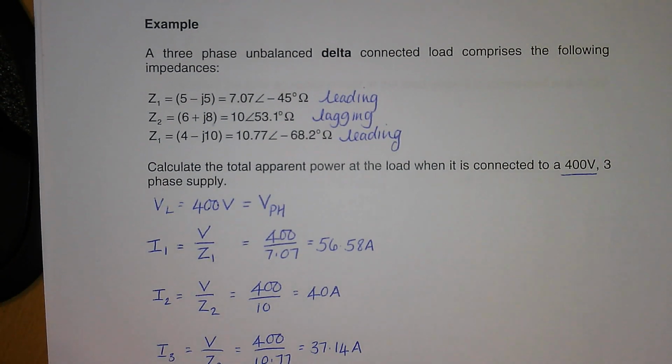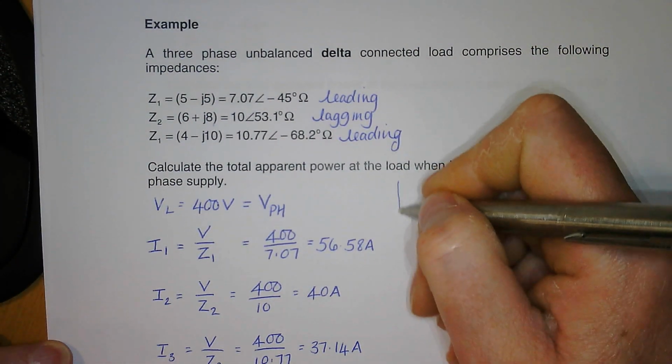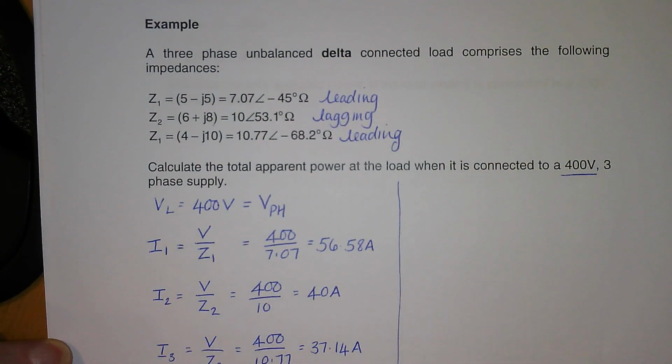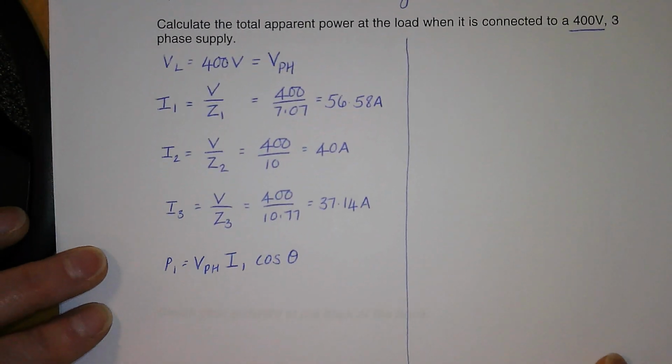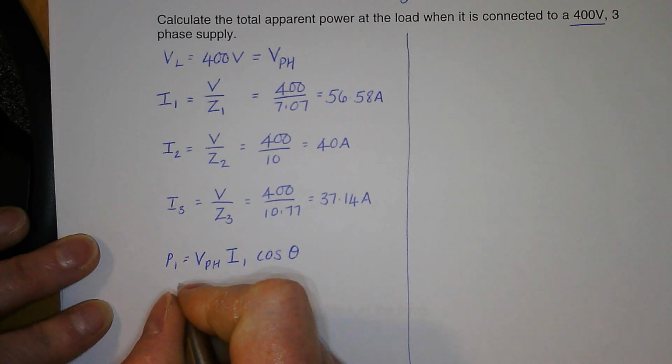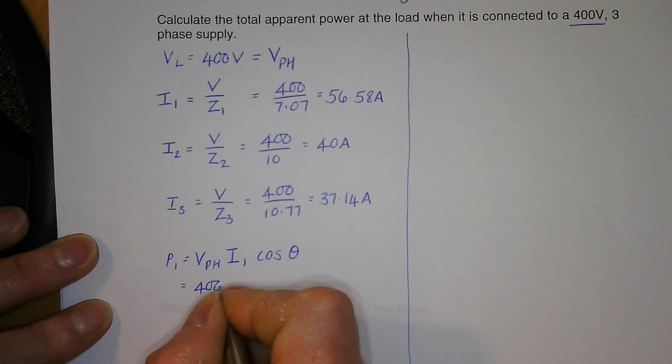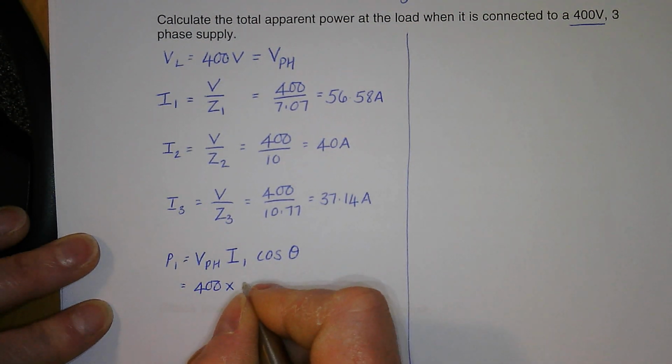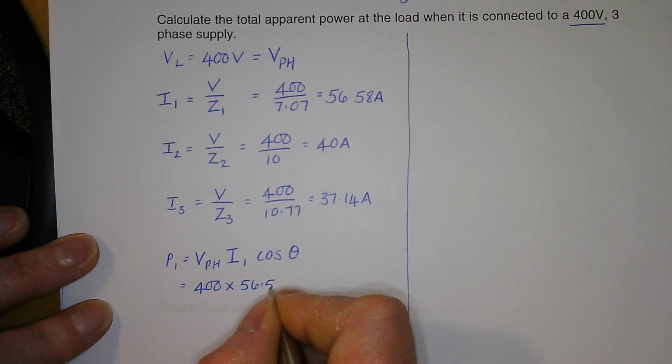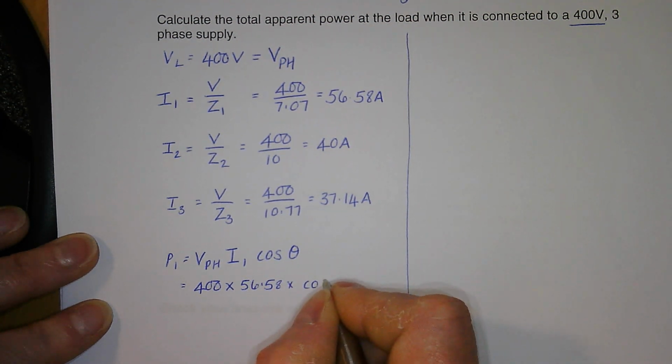So now we're going to use pretty much the same method as we used yesterday. And we're going to get P1, if you like. So that'll be your 400, because your V phase is the same as your I phase, times your I1, 56.58, times cos of your angle.